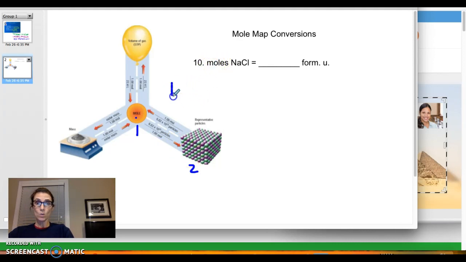So we're going to start with our 10 moles, times, and draw the line for our fraction. And then we're going to do 6.02 times 10 to the 23rd FormU in 1 mole.